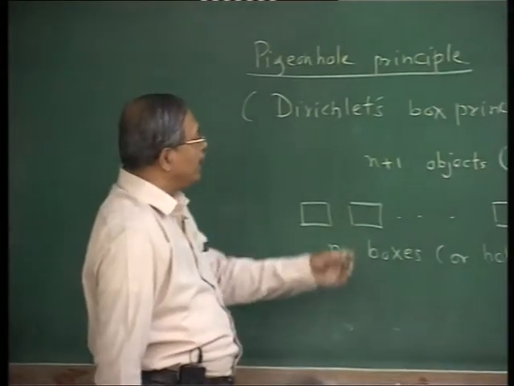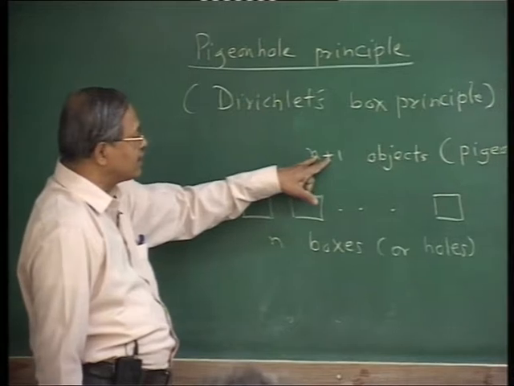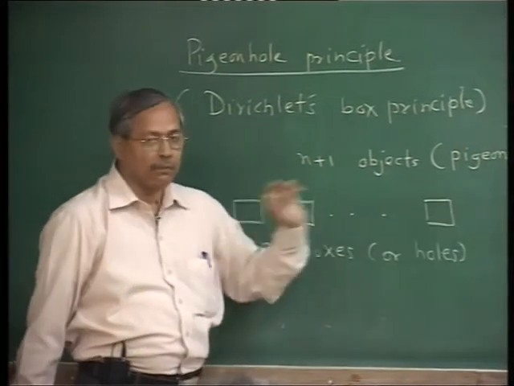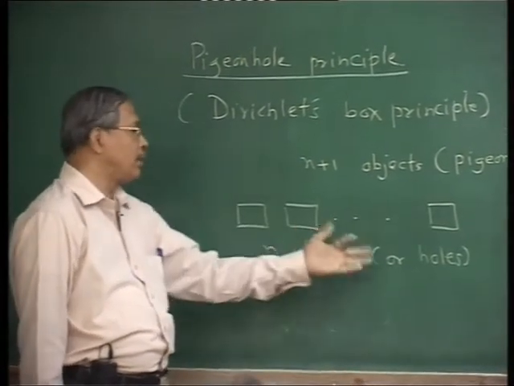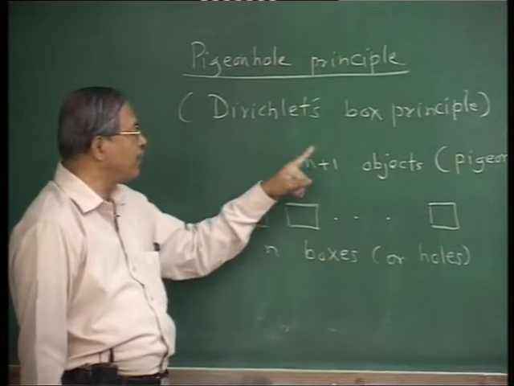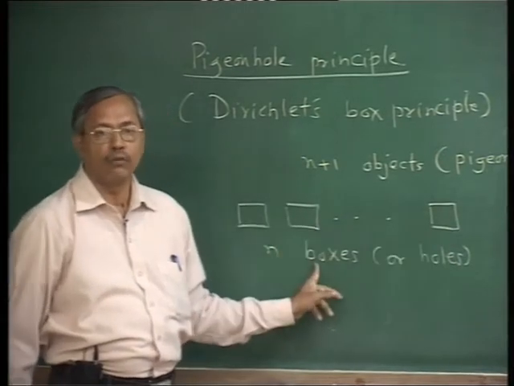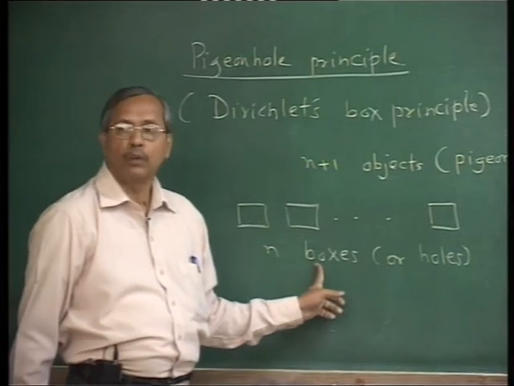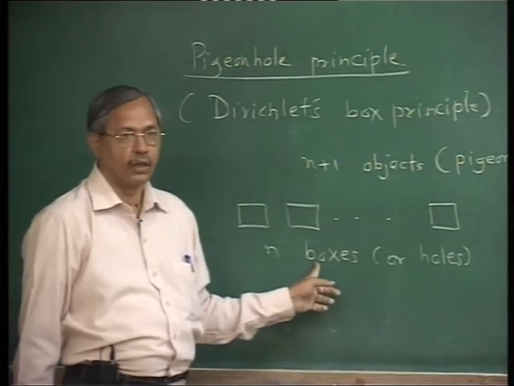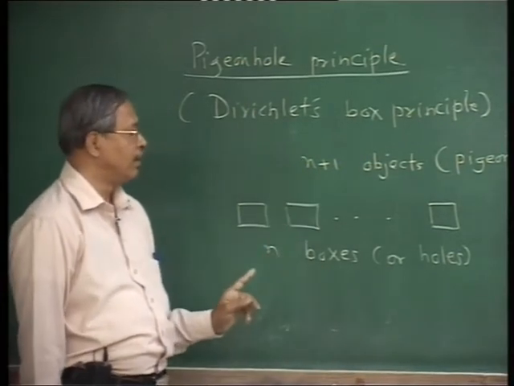For example, we have 11 pigeons and there are 10 holes. Now, if these pigeons want to go into these holes, then at least one of the holes will contain 2 or more pigeons. Okay. That is the pigeonhole principle.